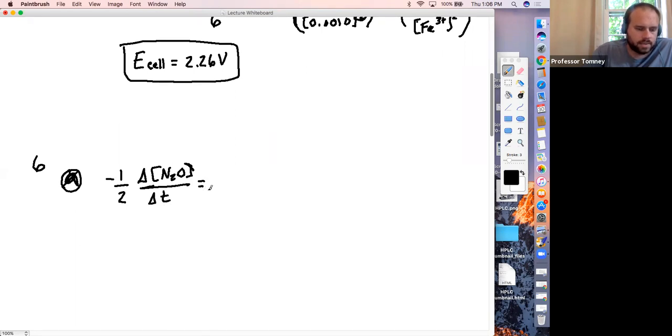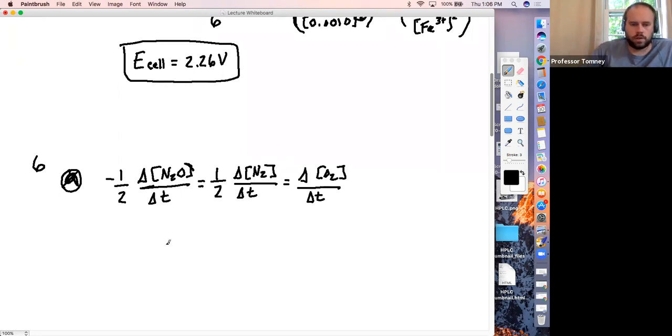And that is the same as saying we can set this equal to 1/2 the change of nitrogen gas in some change in time, which is the same thing as saying the change in oxygen gas concentration over the change in time.